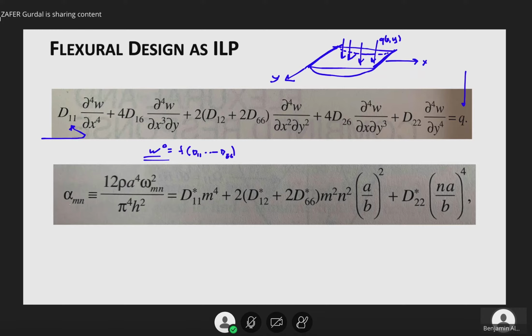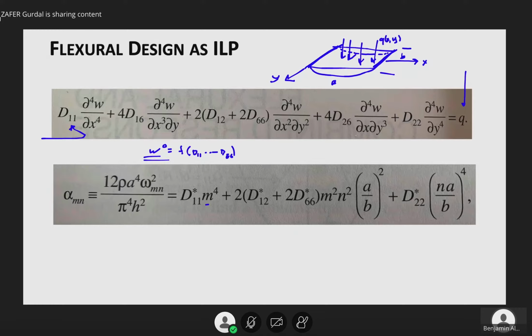Or if you look at the vibration frequency, that will be in some normalized fashion in terms of M and N. By the way, there will be M and N in the solution for deformation under transverse load as well. And M and N will come here. These are the mode shapes that will depend on the A over B ratio, the aspect ratio of the plate, where A is the length of the plate in that direction and B is the length of the plate in this direction.